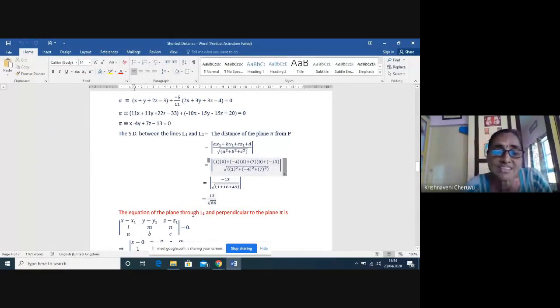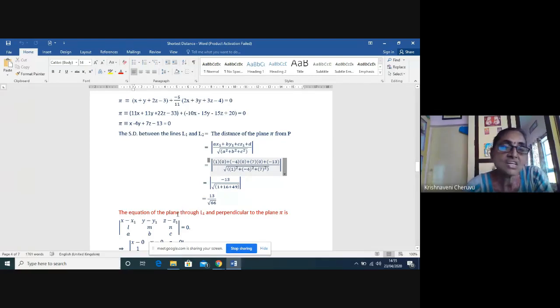So when one line is in symmetric form and one line in unsymmetric form, what you have to do is find out a plane containing the line which is in unsymmetric form, and that plane should also be parallel to the line L1, so that the distance between a point on the line and the plane containing L2 will give you the shortest distance.